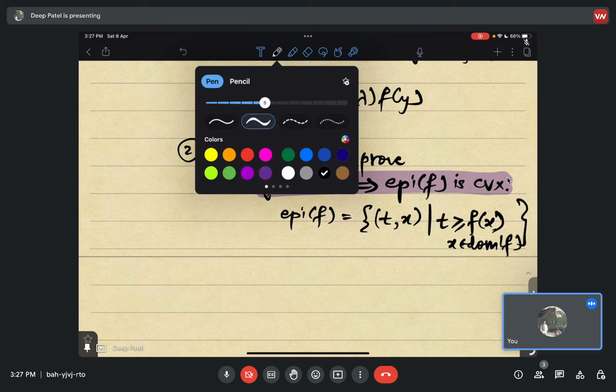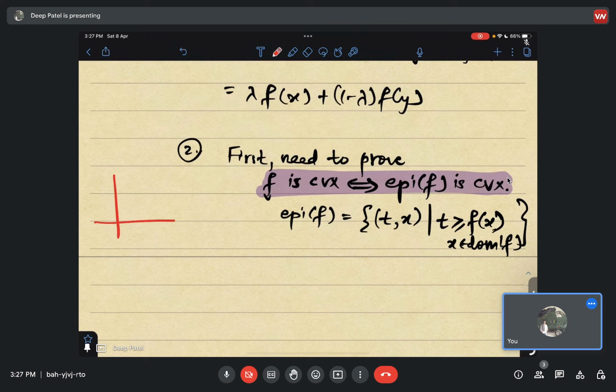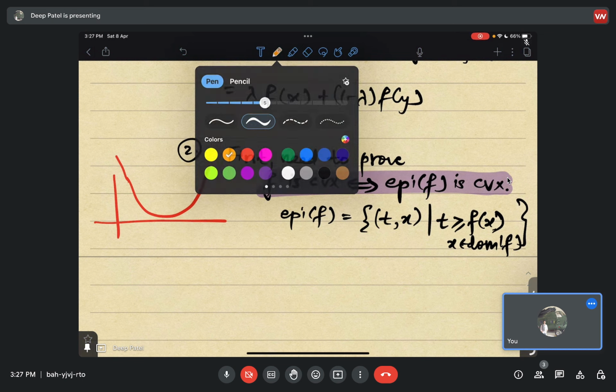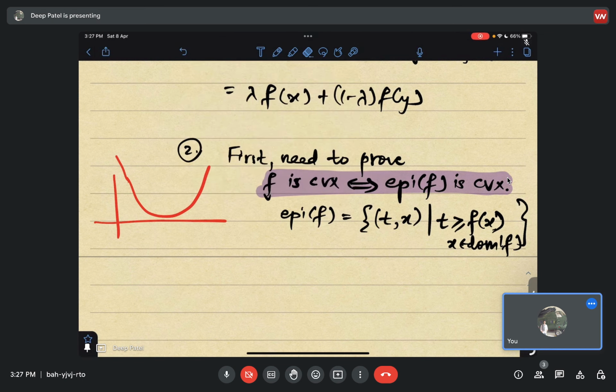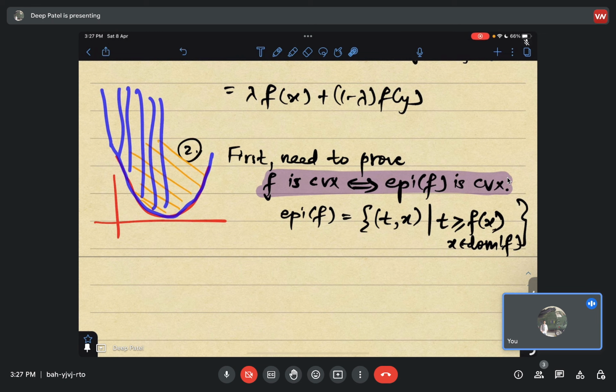Okay, and so what I meant is if you have a function like this, this bowl shaped function, then this is the epigraph. So basically this is your graph of the function. Everything including the graph that is above the graph, all of this is the epigraph.